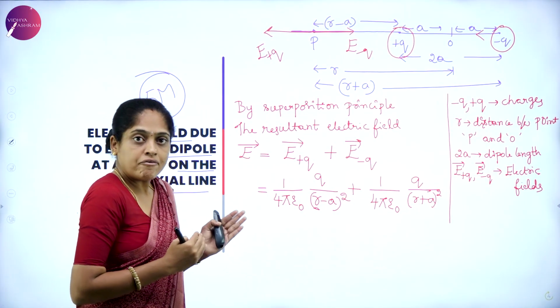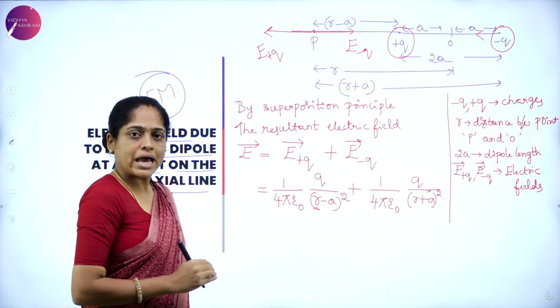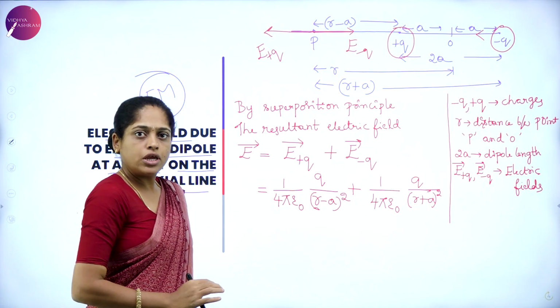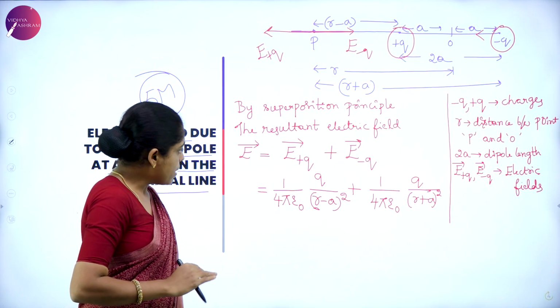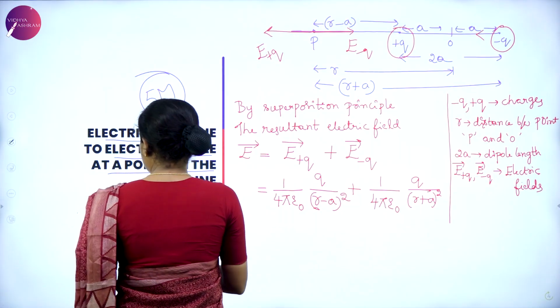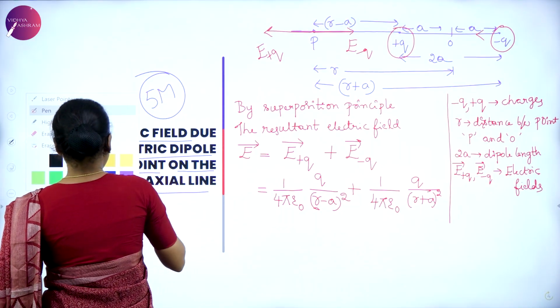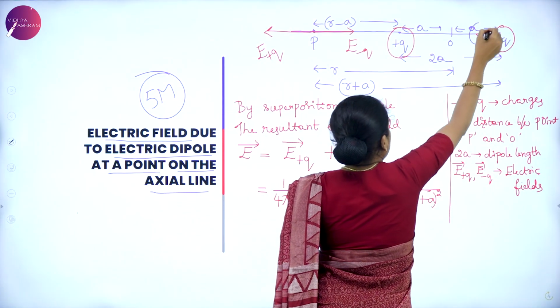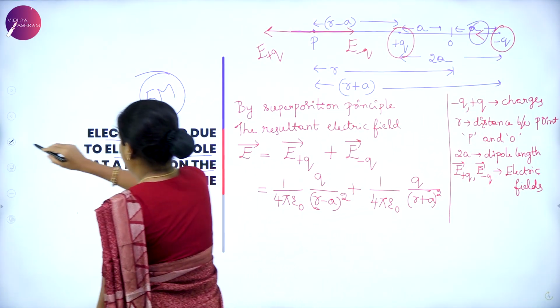But we have represented only the magnitude. According to superposition principle, we need to represent magnitude and direction, that is in vector form. So let us give the direction for these electric fields with respect to the dipole moment, that is P cap.